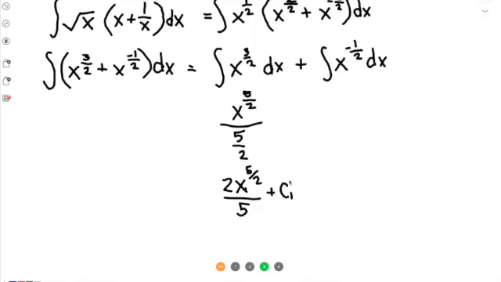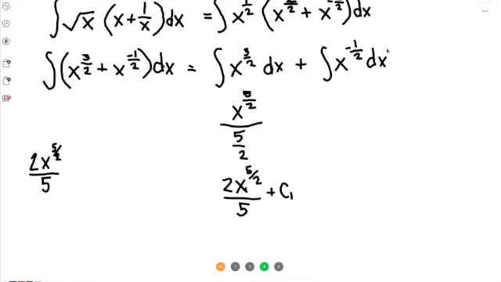So I will write it somewhere here. Okay, 2x to the 5 halves all over 5 plus c1. Okay, for the next integral, still we will be doing the power formula.